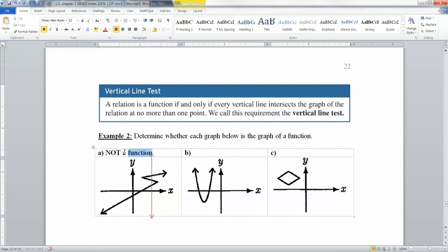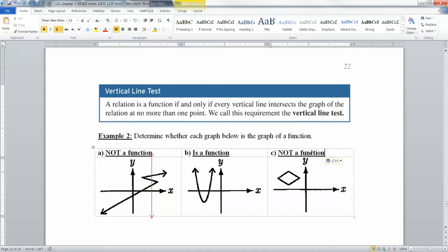Okay, now what about letter B? Letter B is a function. Matter of fact, it's a very particular kind of function that's going to matter a lot to us called a parabola. We're going to be working with that one a lot in chapter 6 and 7, but 7 in particular.